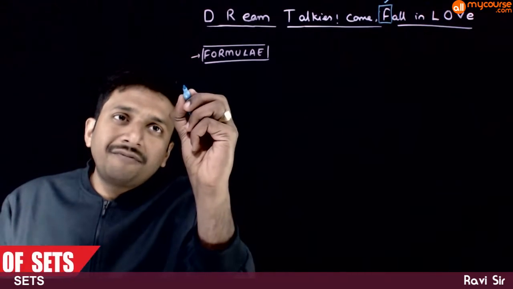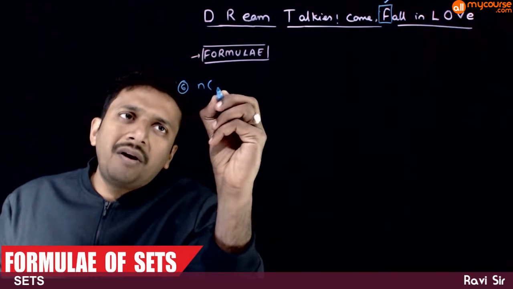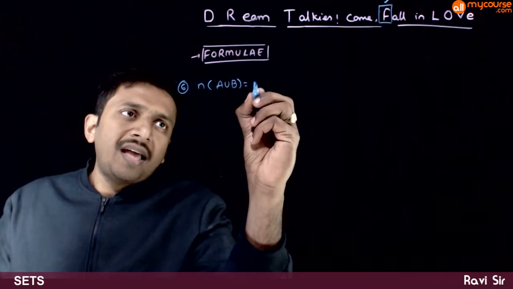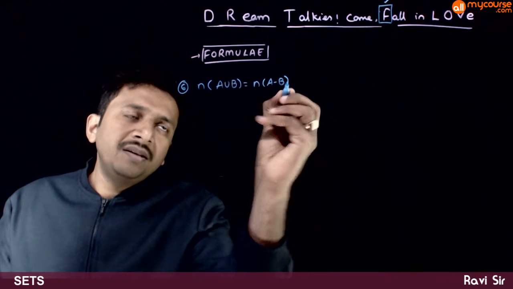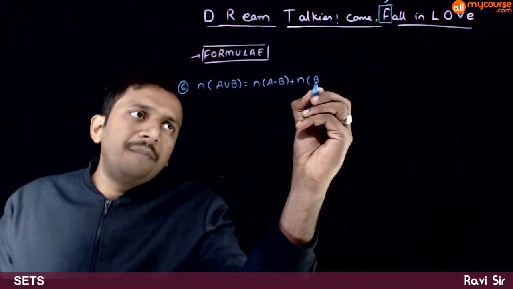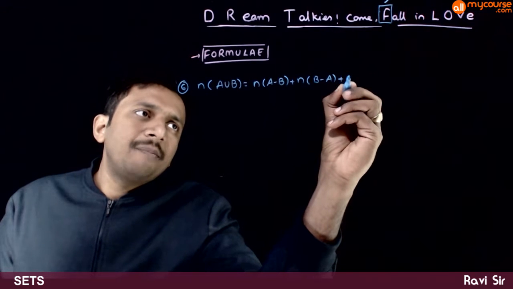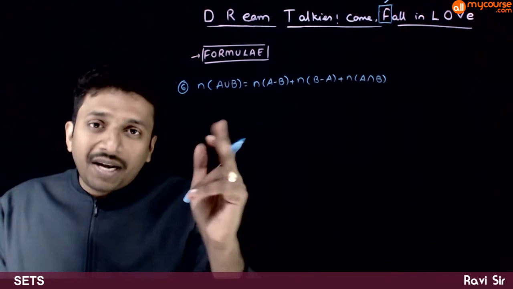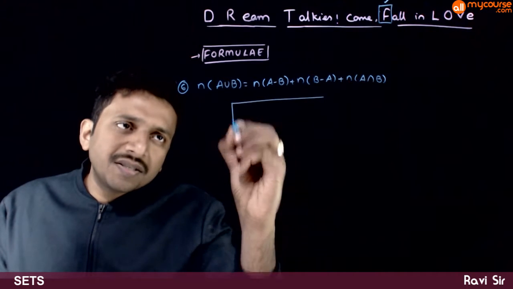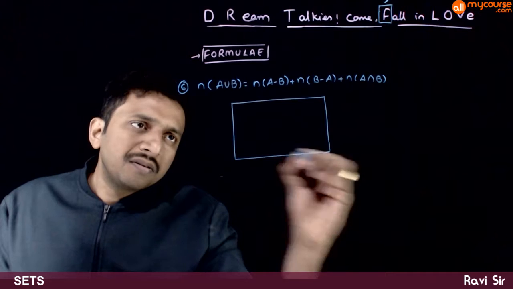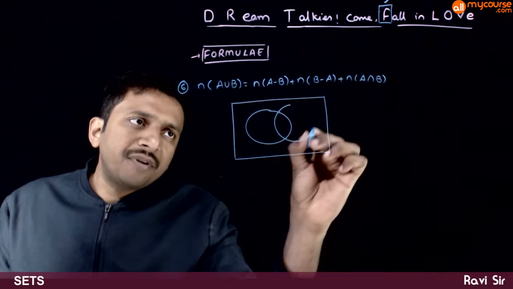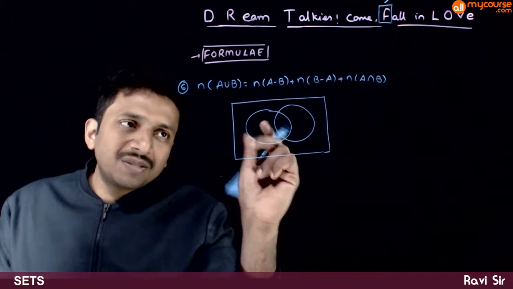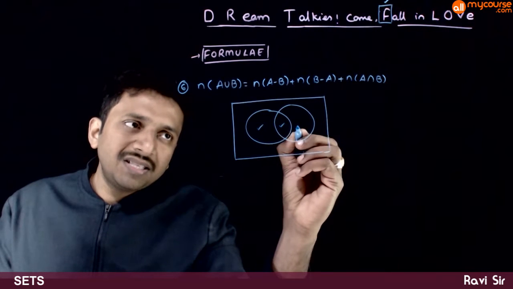So the next auxiliary formula is n of A union B can also be written as n of A minus B plus n of B minus A plus n of A intersection B. So can I do this? Yes, because if you want n of A union B, that means you're talking about the elements present in this region, this region, and this region.